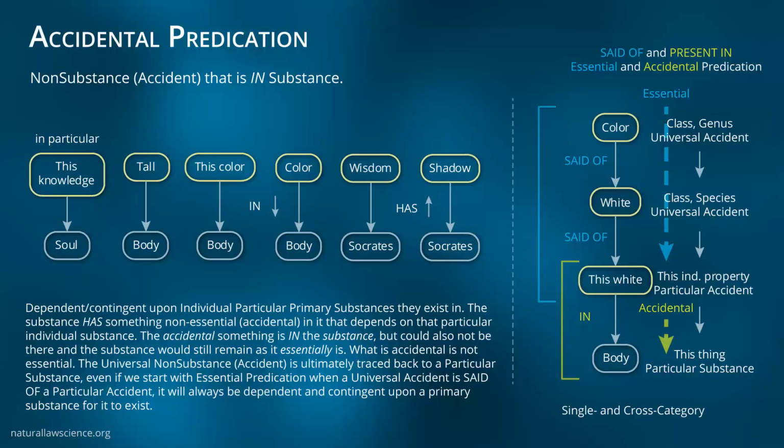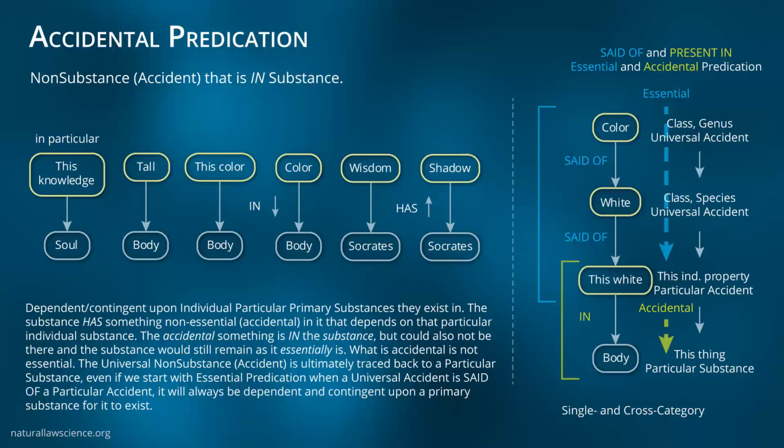So I'll just read the little description. Accidental predication is dependent, contingent upon individual particular primary substances they exist in. The substance has something non-essential, accidental, in it that depends on that particular individual substance. The accidental something is in the substance, but could also not be there, and the substance will still remain as it essentially is.